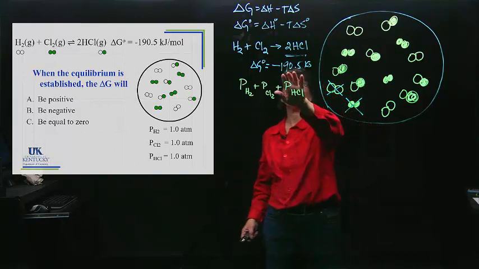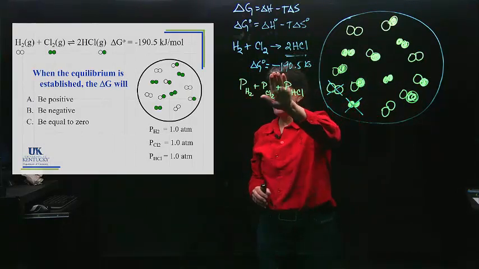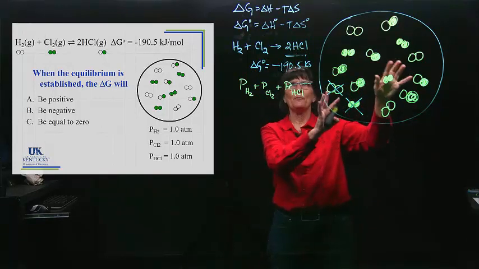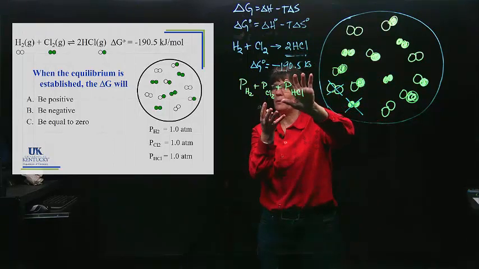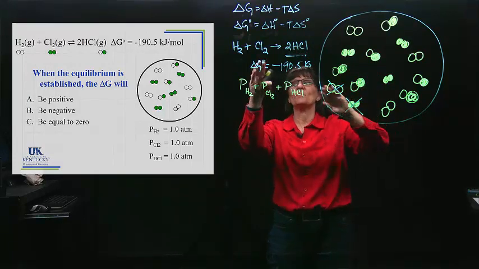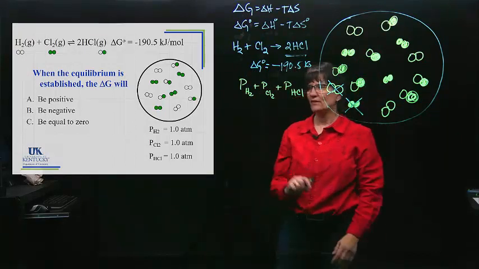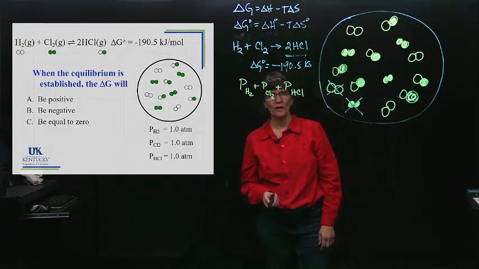So what happened to our delta G? As soon as it started shifting and you started producing more of this, it came up a little bit. And it shifted and I produced a little bit more of this and it came up a little bit more. Now not the delta G standard, it's not changing, but the delta G is coming up until eventually it gets to equilibrium and the delta G is equal to 0 at that point.